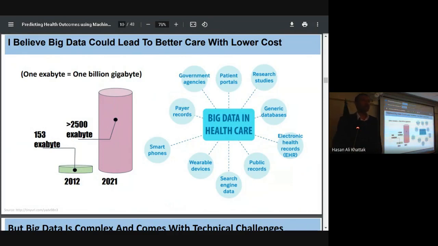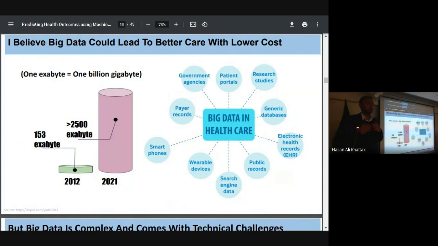When we talk about big data in healthcare, just to give you an idea of how exponentially the data is growing in the healthcare sector, if you see the bar chart on your left side, in 2012 we had around 153 zettabytes of data, which is now more than 2,500 zettabytes, and growing. And by the way, 1 zettabyte of data is equal to 1 billion gigabytes. So it's a lot of data.